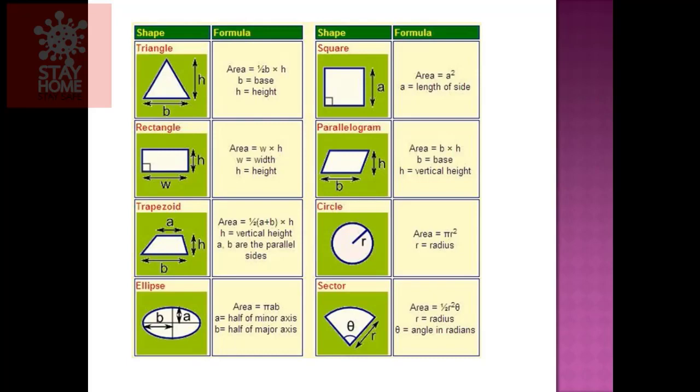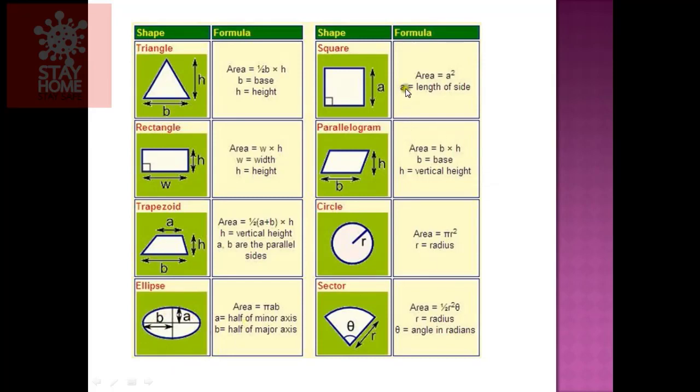The ellipse is the shape where a is the distance from the center along one axis and b is along the other: half of the minor axis and half of the major axis. You can see here this is the minor axis and this is the major axis.